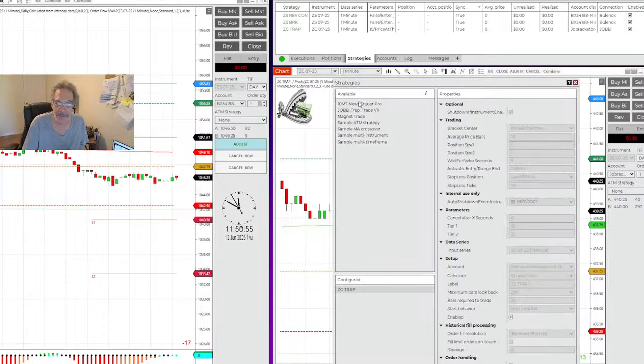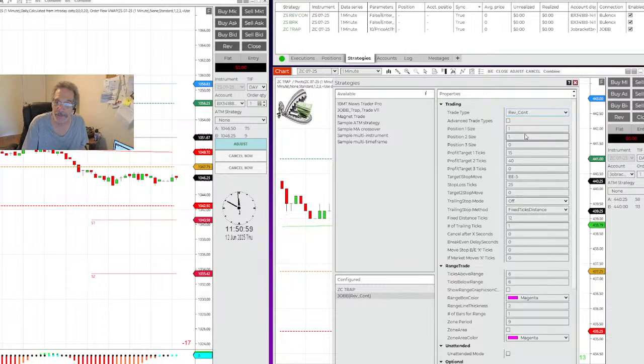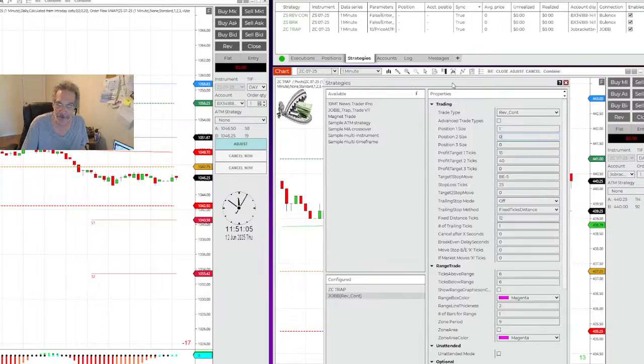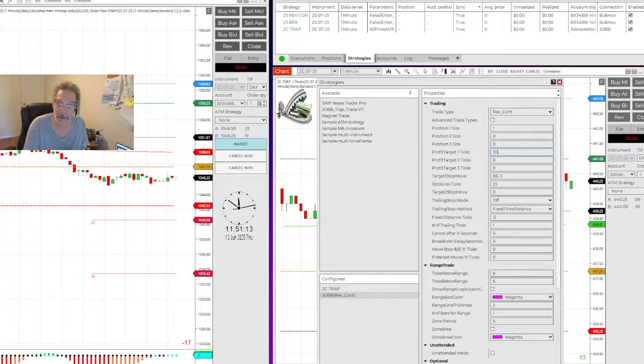Strategy, news trader, reverse continuation, and I'm just one contract. It's $12.50 a tick. Maybe the trap trade fills and we make a ton of money, and then it changes direction again. And we'll go for 20 ticks and we'll use a 20 tick stop.